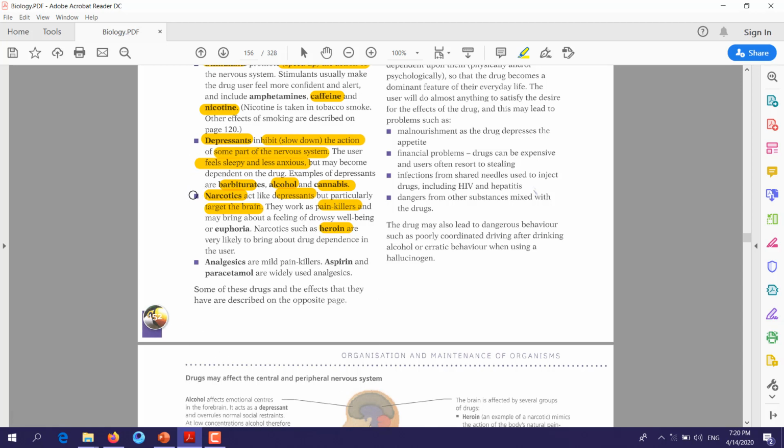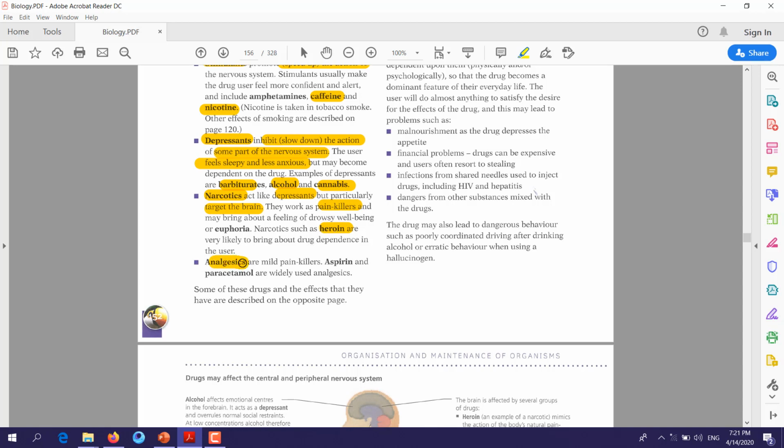Now, narcotics and depressants do the same thing, but narcotics are more specific. They target, for example, a specific part in the brain. Also they call them painkillers. Example of it is heroin.